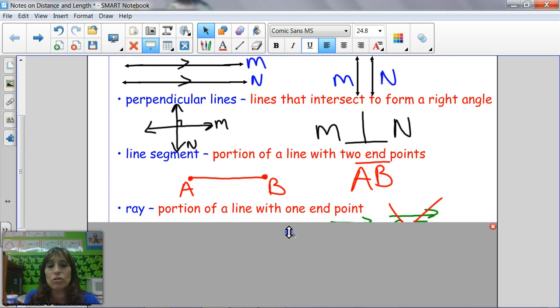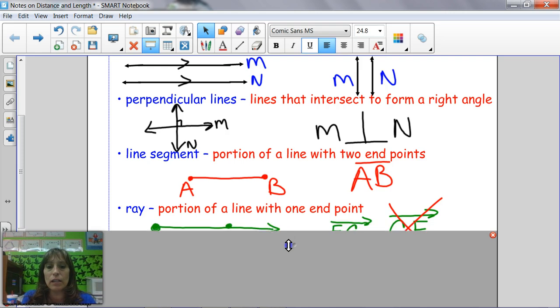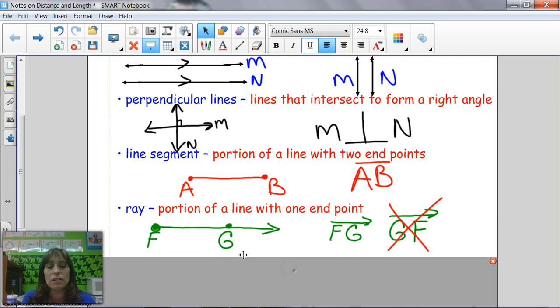The next one is a ray. A ray is a portion of a line with one endpoint. So it's sort of a mix between a line and a line segment. It has an arrow on one end that goes on forever, but it also has a beginning point. It looks like this.